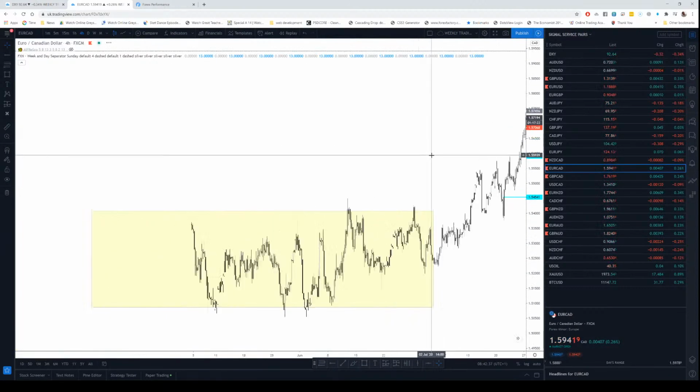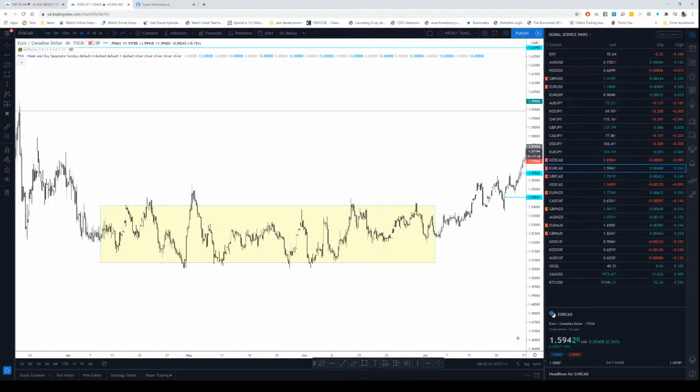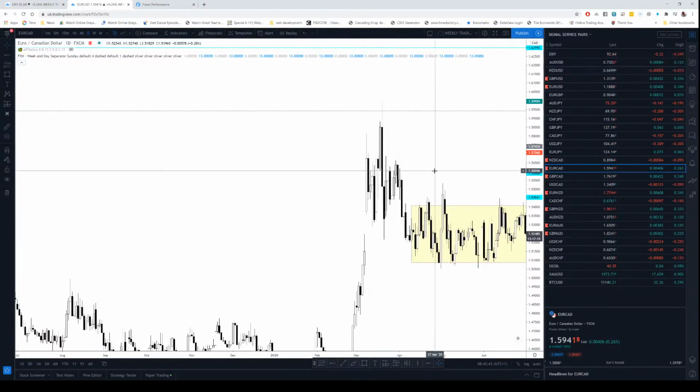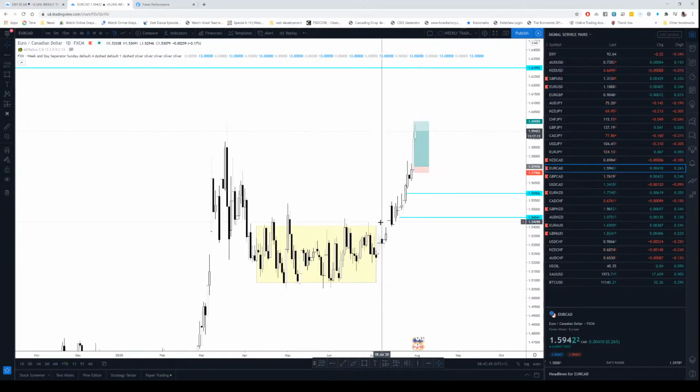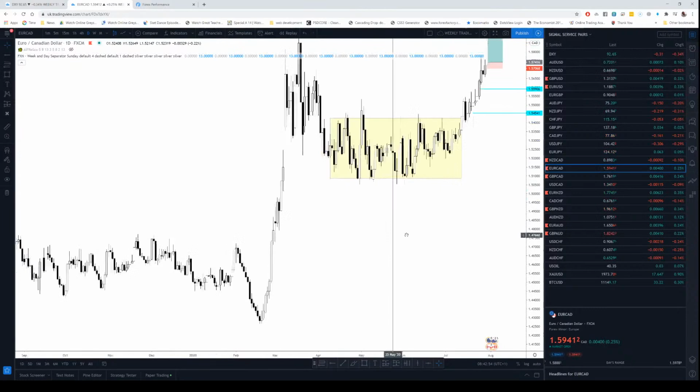I think all this consolidation in here, now looking at it, was all building up orders to send price to the upside. Okay, that's typical, and this happened on the daily time frame, so we can imagine the kind of move, maybe something like this.